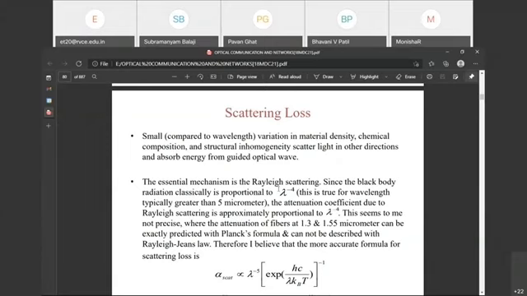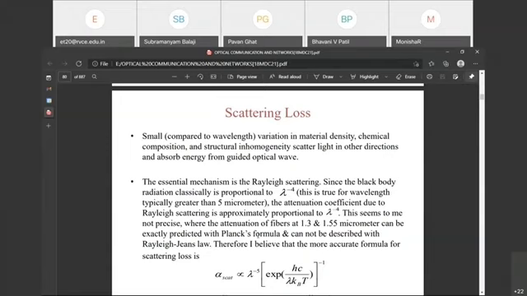Generally it comes from the Rayleigh-Jeans law with hc by lambda, and it is proportional to 1 by lambda to the power 4. That is called Rayleigh scattering.